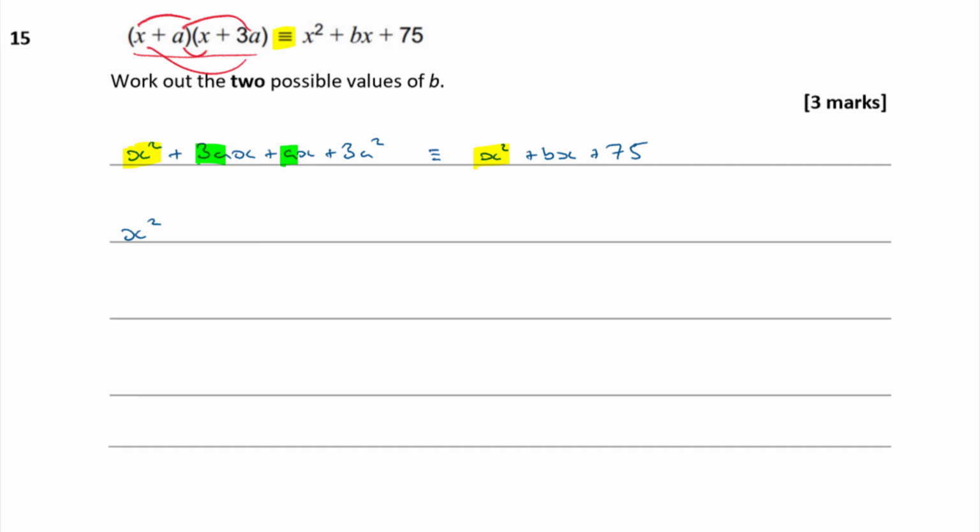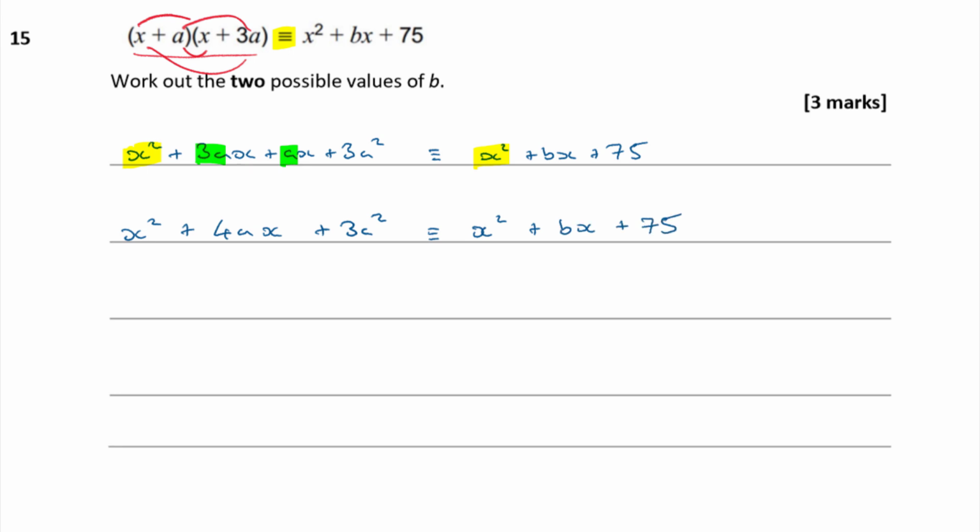If I add them together, 3a plus a, that's 4a, isn't it? So that comes to plus 4ax. And then finally I've got 3a squared on the end. Now that is identical to x squared plus bx plus 75.